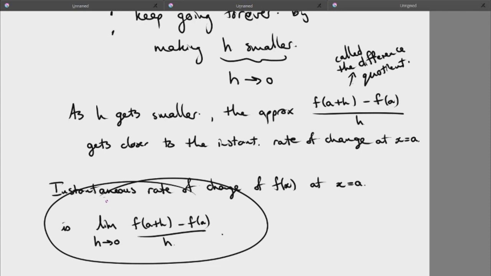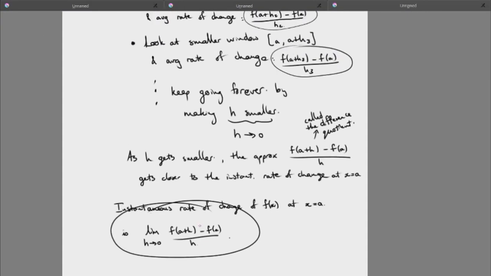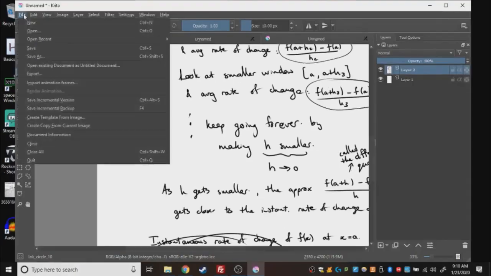That is what's happening exactly at that point. But I can't ever calculate what's happening at that point. I can only look at the behavior. Thoughts and questions? Maybe you're not sure until we see this actually in an example.